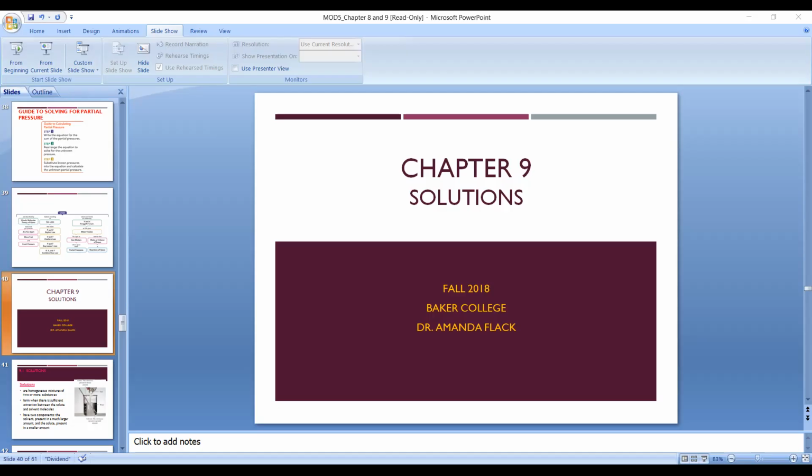In other classes, we talk about the solute being what gets dissolved, and the solvent doing the dissolving. From a chemical perspective, we look by quantity. The smaller substance quantity is the solute. The larger substance quantity is the solvent. And when you mix them together, you end up with a solution, which is a homogeneous mixture.